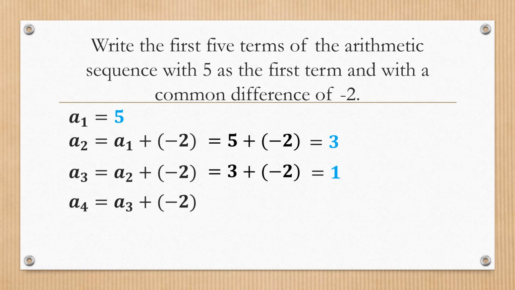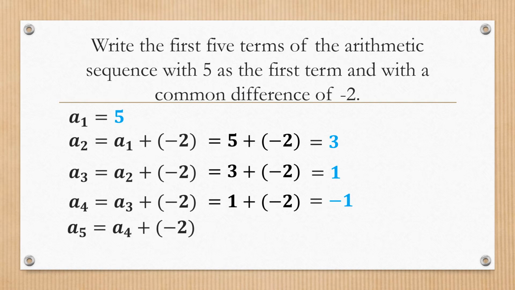For the fourth term, we use a sub 3 plus the common difference, and that will give us 1 plus -2, which is equal to -1. For the fifth term, we use the fourth term plus the common difference, and that will give us -1 plus -2.